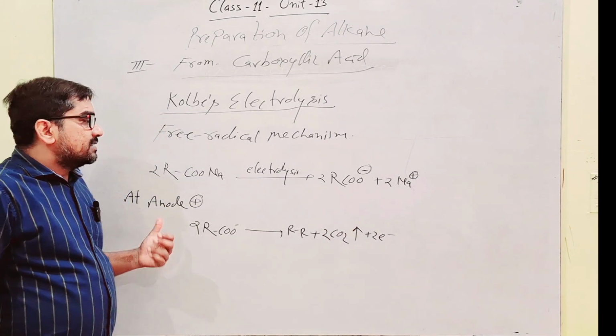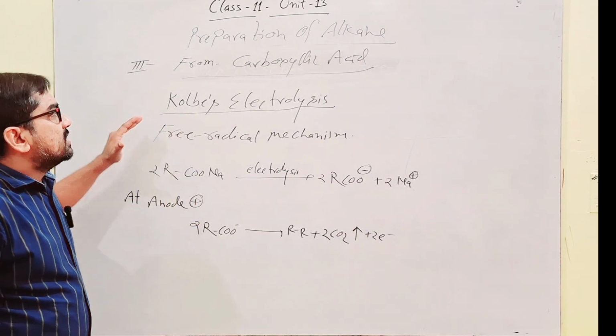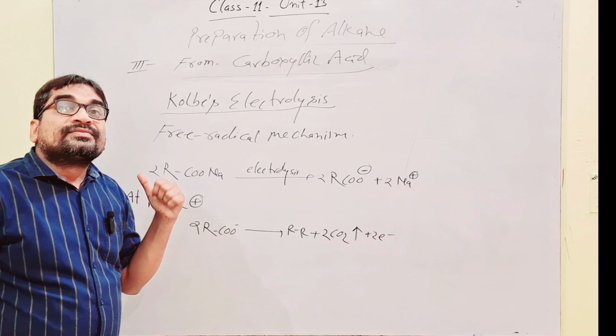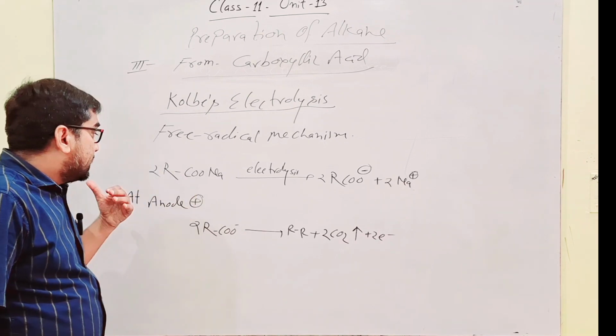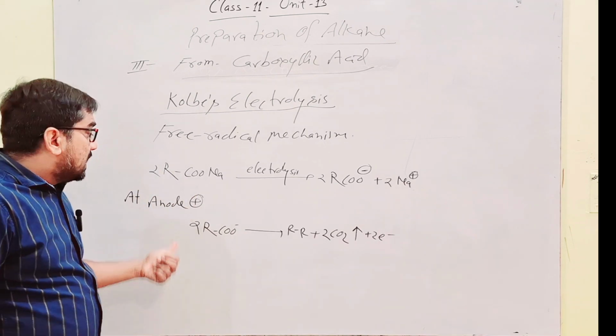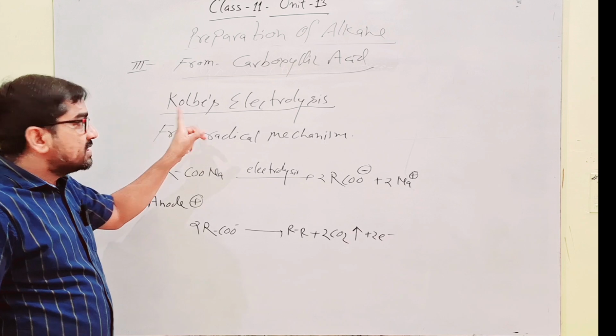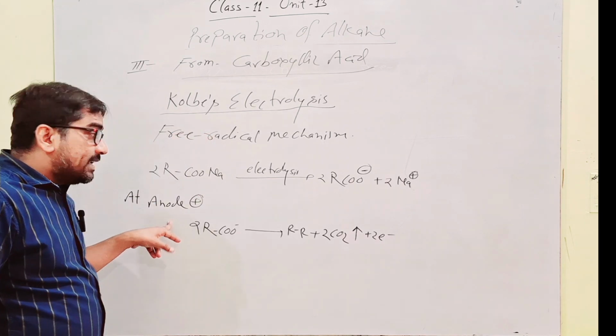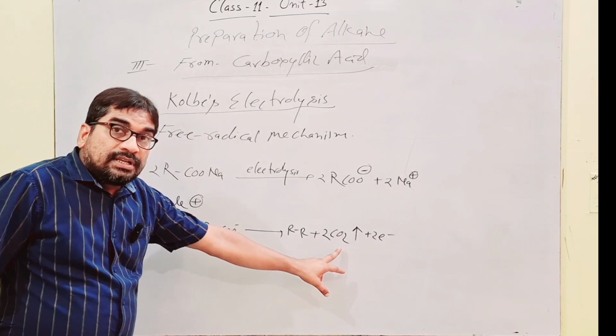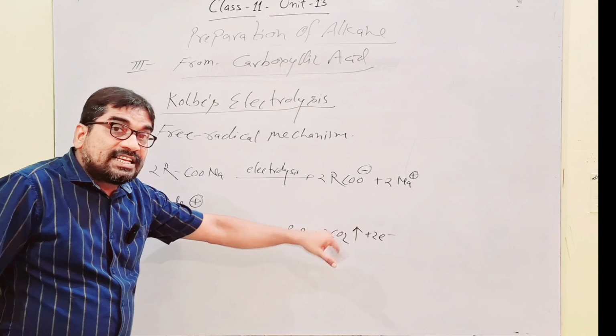So the question arises: in Kolbe electrolysis, is CO2 released at the anode or the cathode? At the anode, CO2 gets eliminated and escapes out.